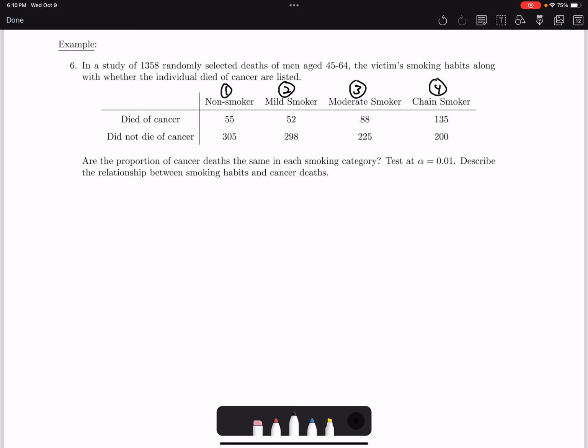if we go with that, the null hypothesis for a homogeneity of proportions test is that the proportion of people who died of cancer is the same in each of these groups. The alternative is that at least one proportion is different from the rest.